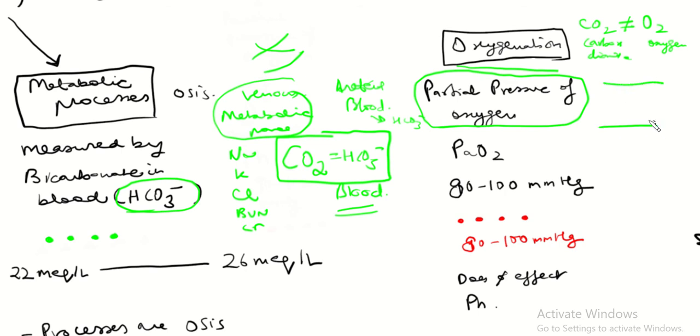Yeah, just as CO2 is dissolved in our carbonated beverage, so is the O2 dissolved in the plasma of our blood. And we can measure partial pressure of oxygen like we can measure carbon dioxide. That's between 80 to 100 millimeters of mercury. That's normal. Now, it does not affect the pH.